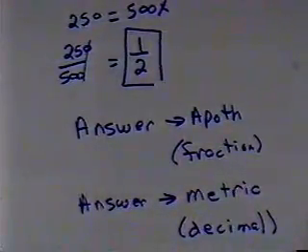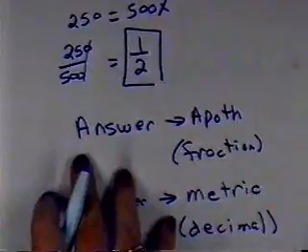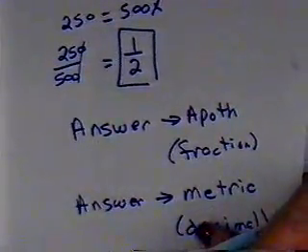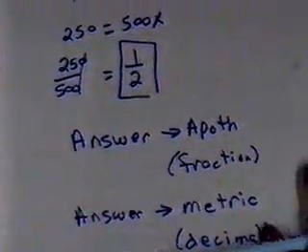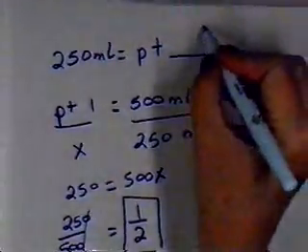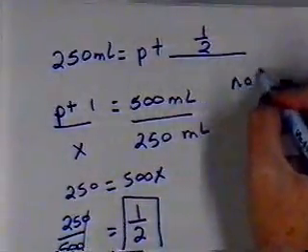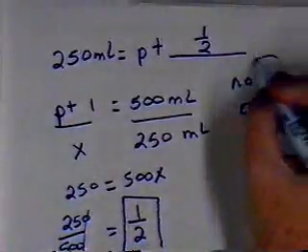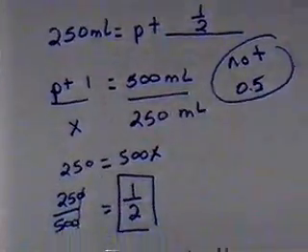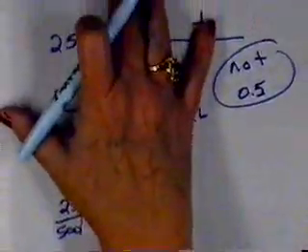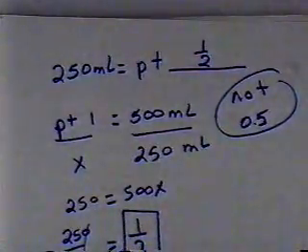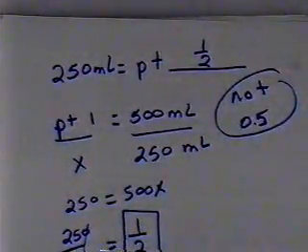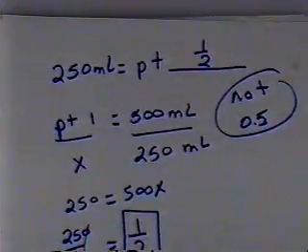Now that's because anything you measure in the metric system is marked off 7/10, 8/10, 9/10. But when you go to look for something in the apothecary system, it's going to be labeled 1/2 a pint. So we have to write it 1/2 a pint, not 0.5. They're the same thing, but this is one of the rules that they're very picky about. The apothecary system, you always write it as a fraction. You never put the apothecary as a decimal.